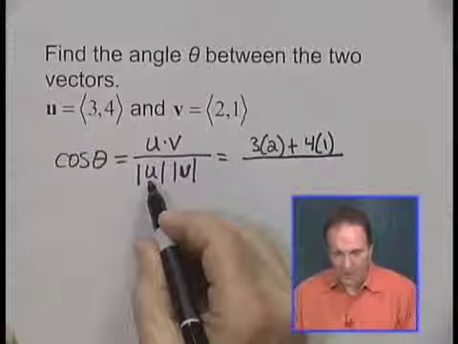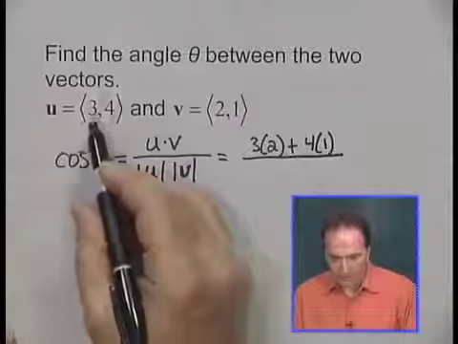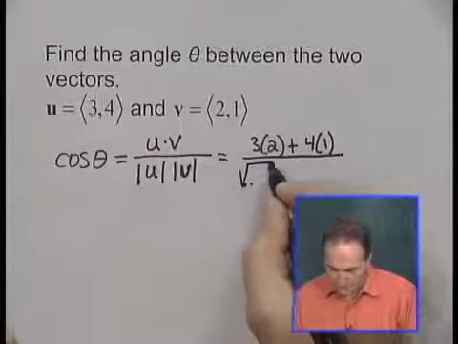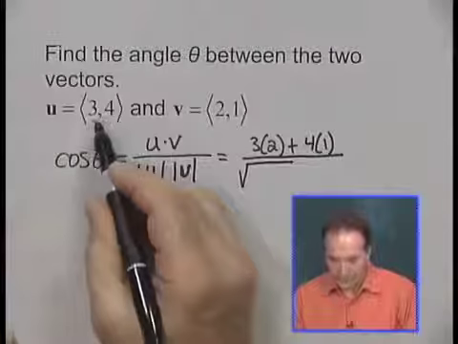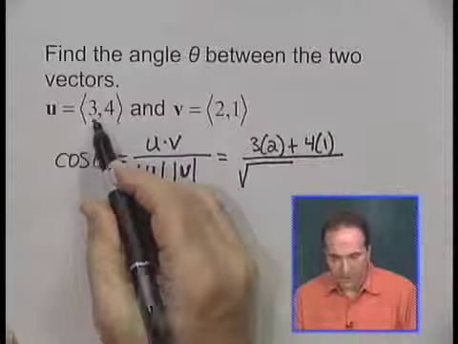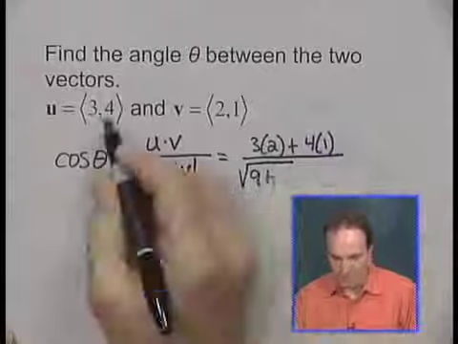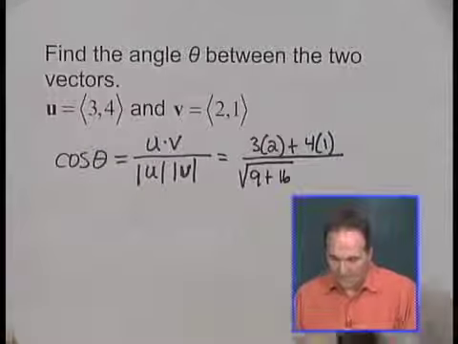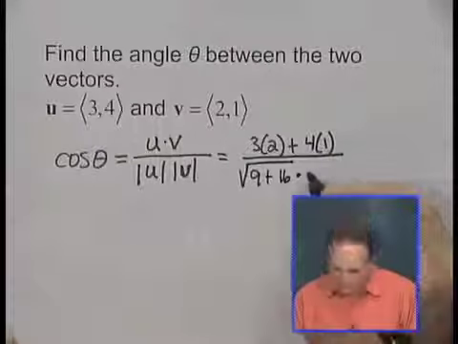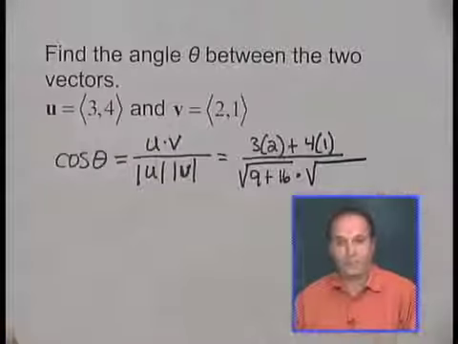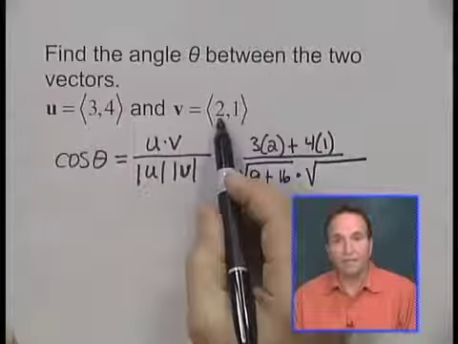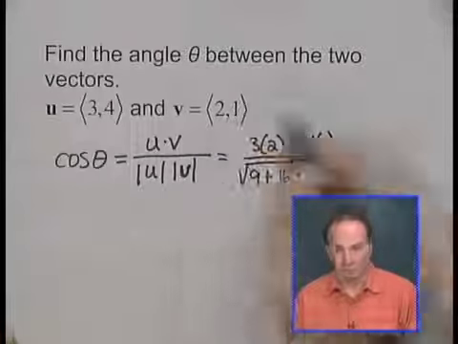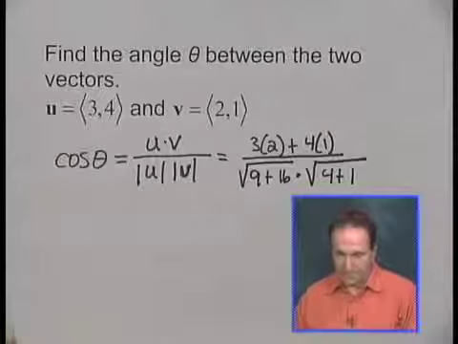For the norm of vector u, we use the individual components, and that's equal to the square root of 3 squared, which is 9, plus 4 squared, which is 16. Then that's multiplied times the square root of, for vector v, 2 squared, which is 4, plus 1 squared, which is 1.